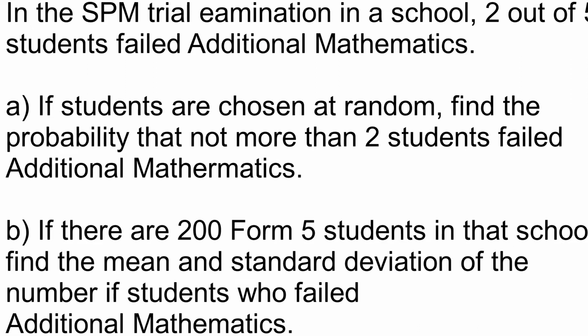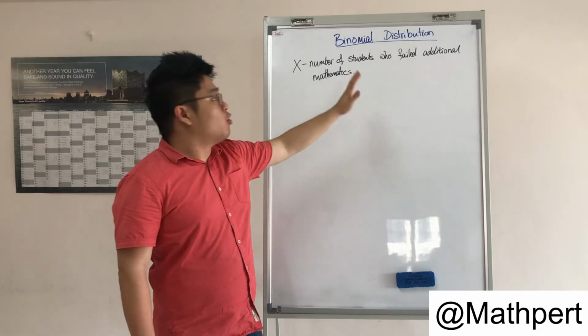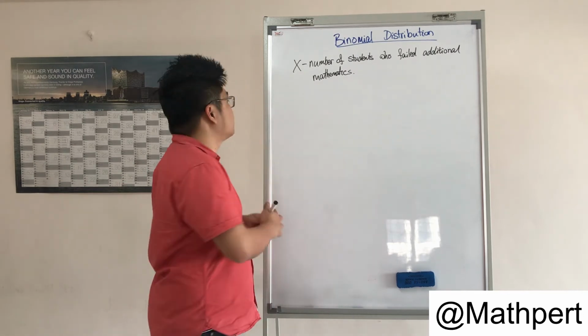Okay, let's take a look at these questions. In the SPM trial examinations in the school, 2 out of 5 students fail additional mathematics. First part of the question: if 6 students are chosen at random, find the probability that not more than 2 students fail additional maths. Second part: if there are 205 students in that school, find the mean and the standard deviation of the number of students who fail additional mathematics. X is the number of students who fail additional maths.